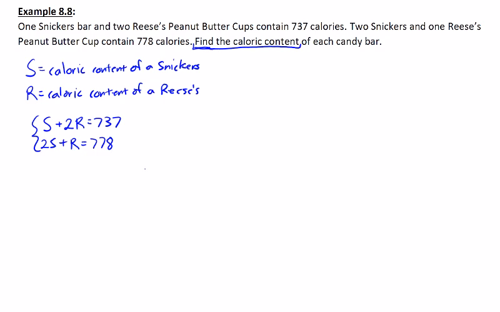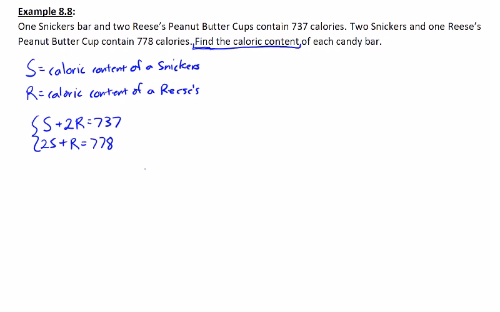With the system set up, we would then want to go into solving mode. And for the solving mode, we can either do a substitution or an addition elimination, whichever one you choose. On example 8.7, we went with the addition elimination, so maybe it would be nice to see a substitution here, and if that's not the way that you would like to do it, then pause the video, go ahead and do the addition elimination, and even if you want to do substitution on your own, pause the video, go through the substitution process, and then check back at the end to see if you have the right answer.